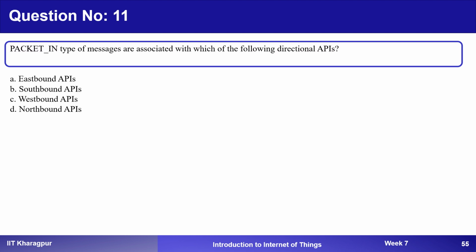Next question is, packet in type of messages are associated with which of the following directional APIs? Options are eastbound API, southbound API, westbound API, northbound API. B, okay, southbound API. Anyone else?